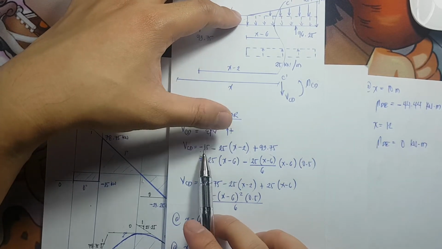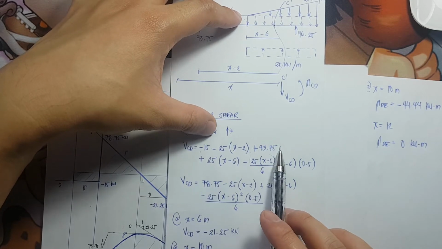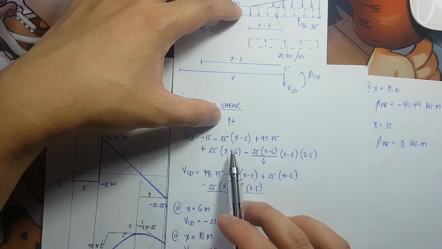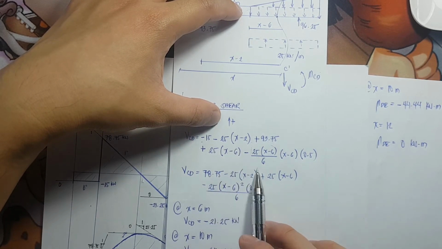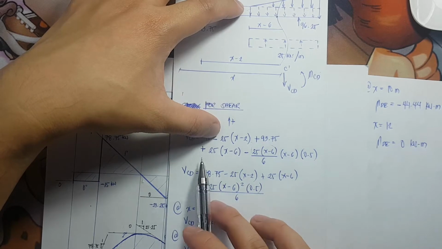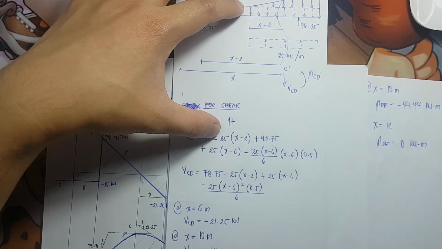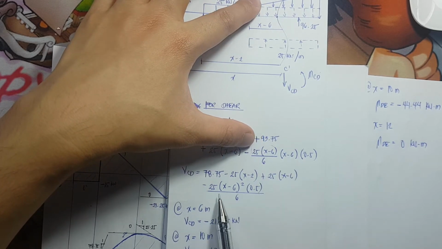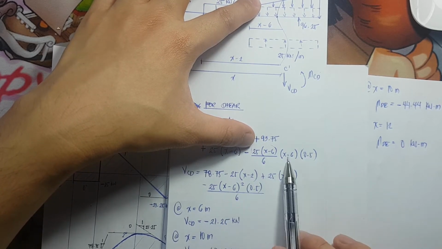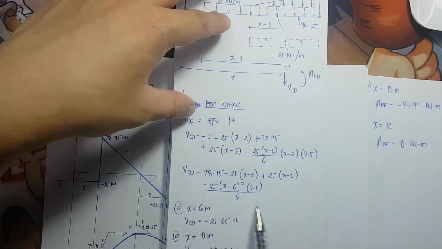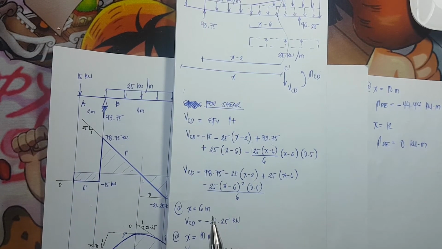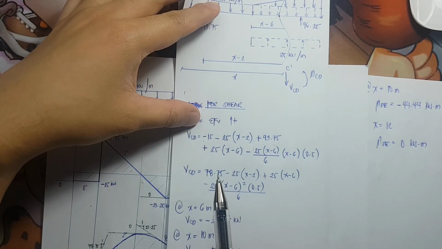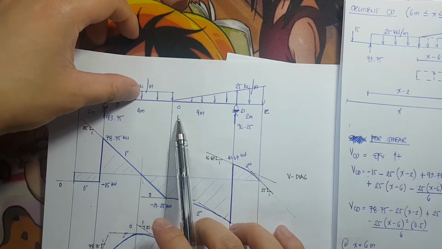So, simplifying, negative 15 plus 93.75 is 78.75. Then minus 25 times X minus 2, plus 25 times X minus 6. Then we have X minus 6 times X minus 6, which becomes X minus 6 squared, times 0.5 over 6. So this will now be my equation for shear at point CD.